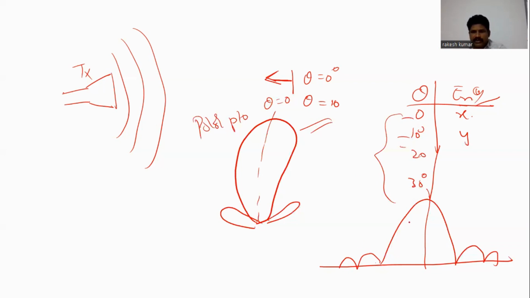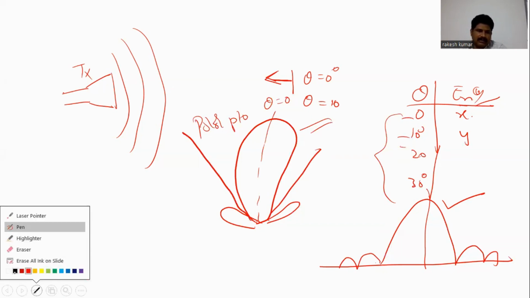Once the radiation pattern is obtained, we can calculate many parameters from it. What are the simple things you can calculate? You can easily calculate the nulls.